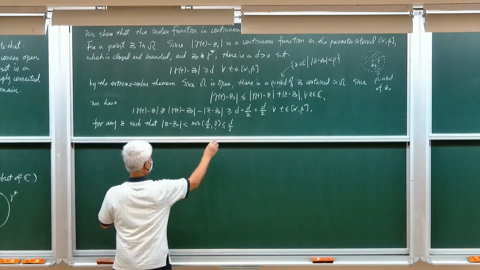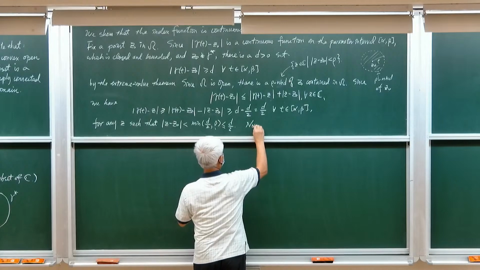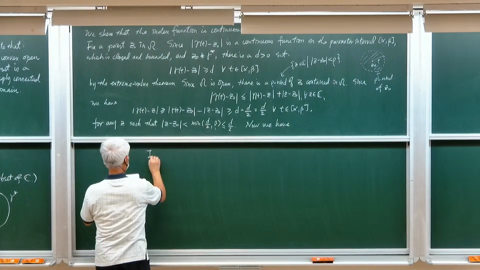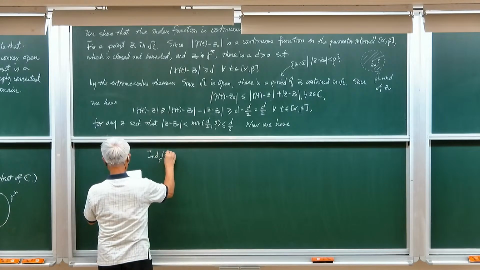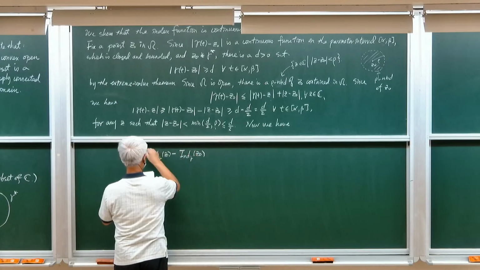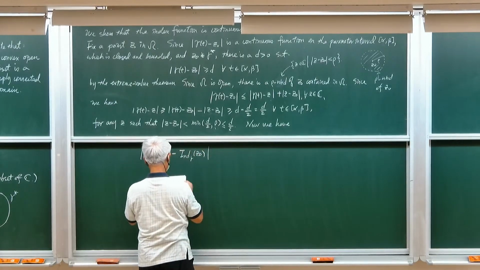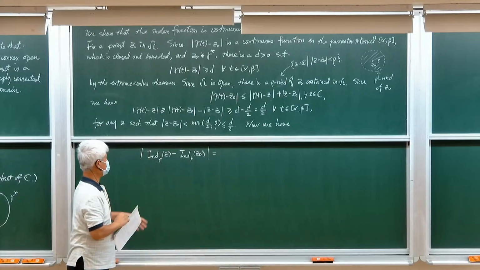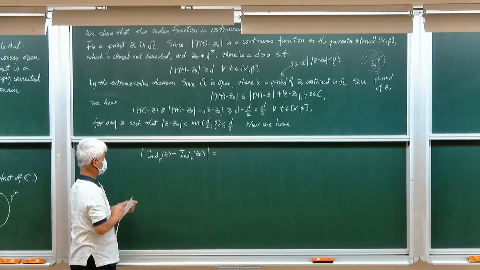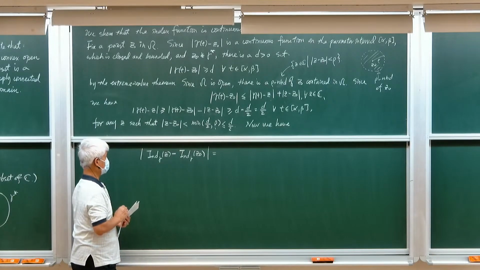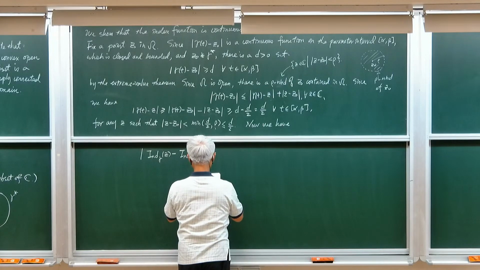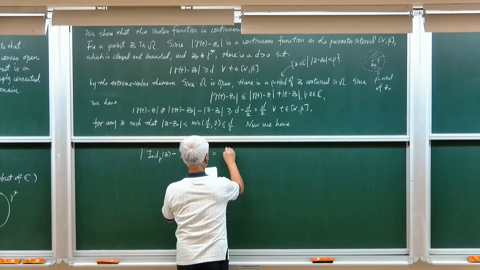All right. So now we have the index of gamma at z minus the index of gamma at z0. We estimate the difference between the index at z and at z0.